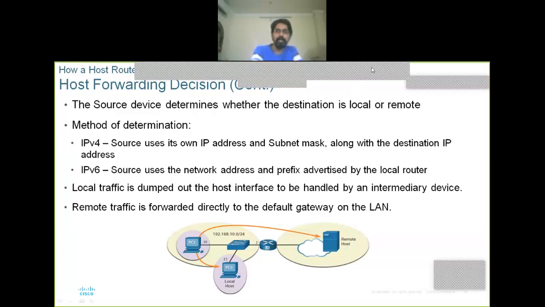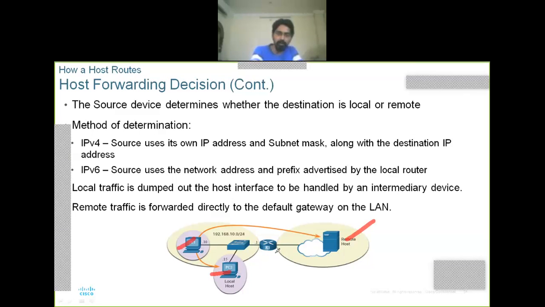Observe the systems in the LAN network: PC1 and PC2 can communicate with the remote host only with the help of the router. So here what I am telling you is the router is the default gateway. The router is the only route. Through the router only we can connect to the remote host. That's why the router is called the default gateway.